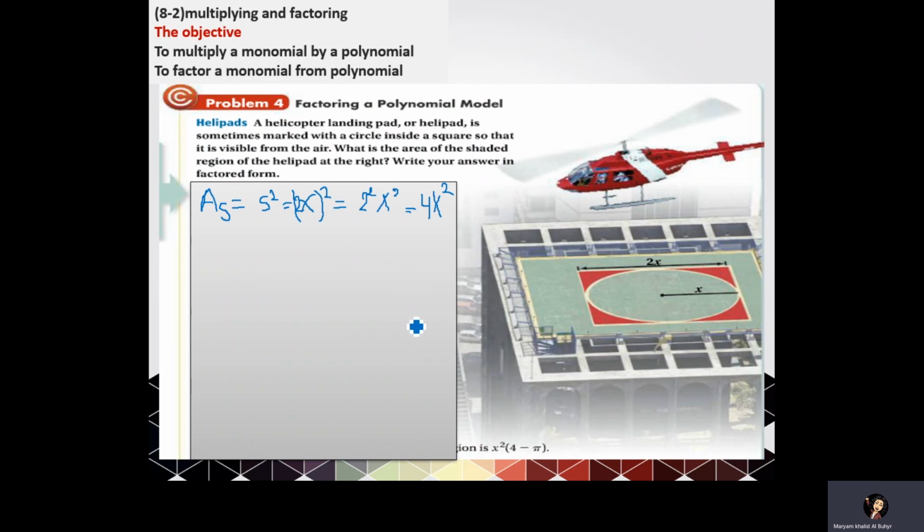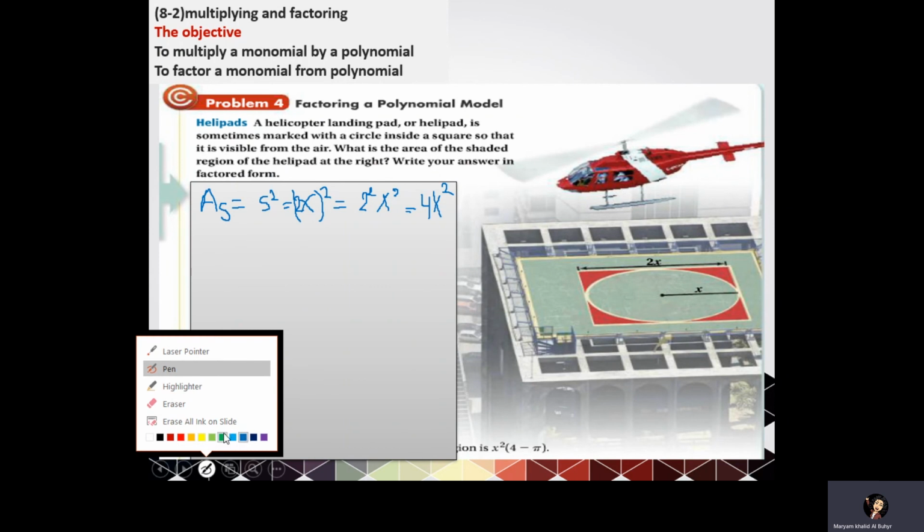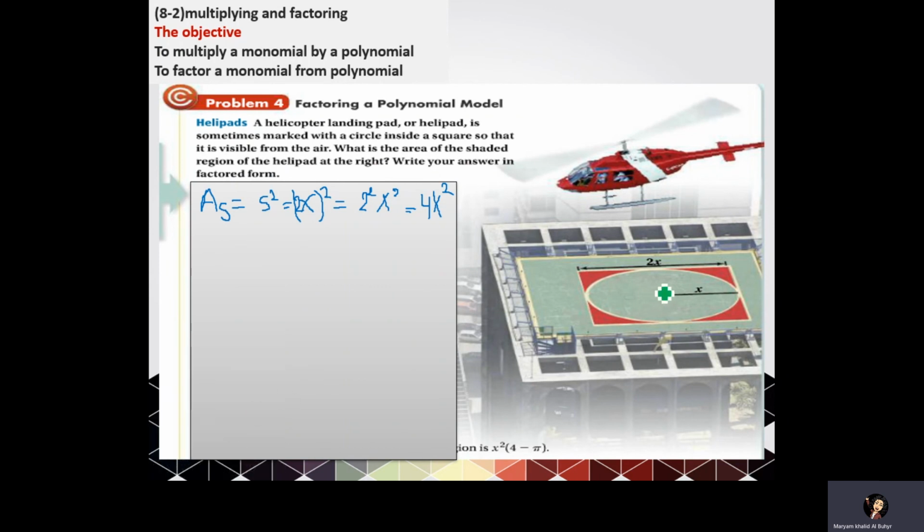Now, what is the area for the circle? Let me write in red. You learned before that the area for the circle is pi r squared.